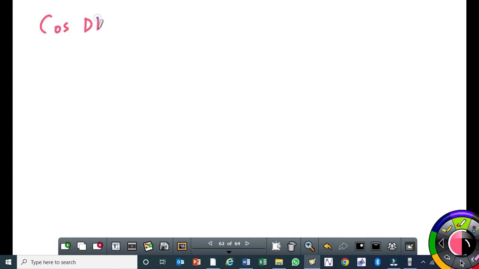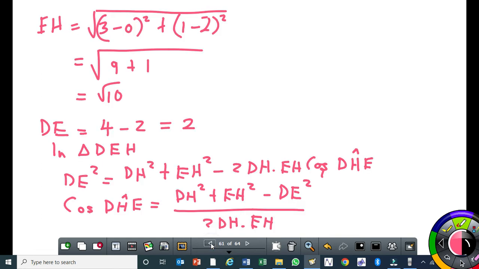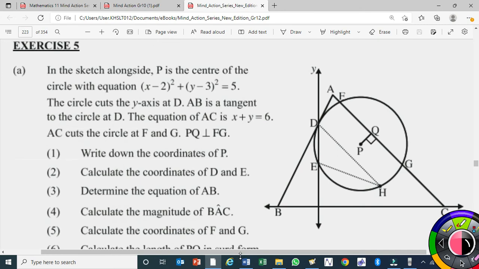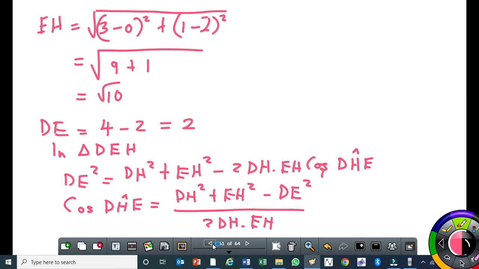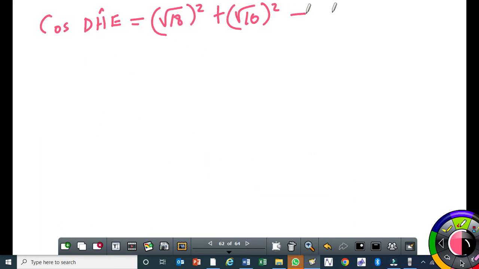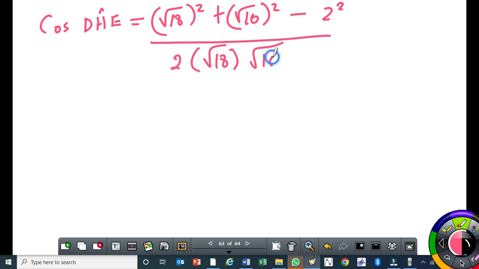So that would be cos DHE will be equal to, now let's substitute. DH, we got it as what? Square root of 18. So this will be square root of 18 squared plus EH, we got it here, square root of 10 squared, minus DE squared, which will be 2 squared, all over 2 times the square root of 18 times the square root of 10.